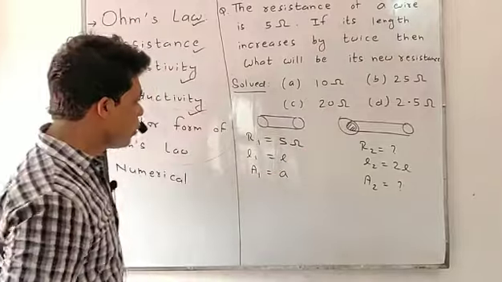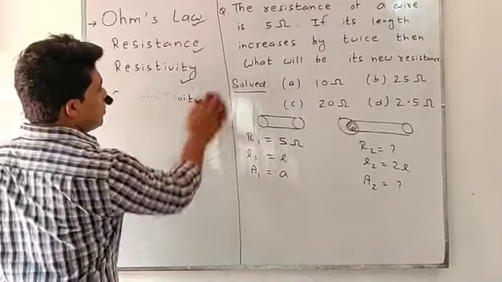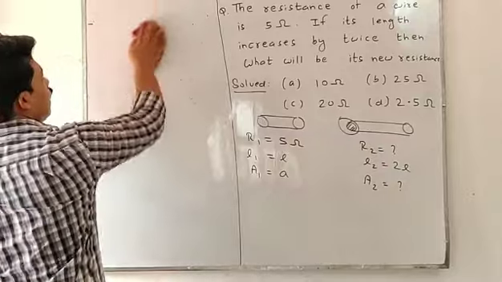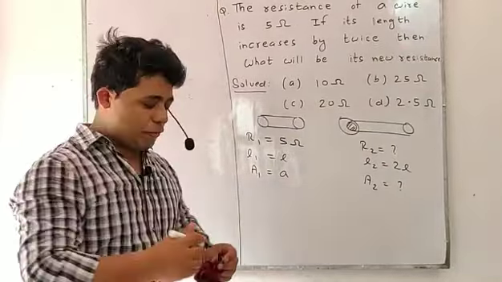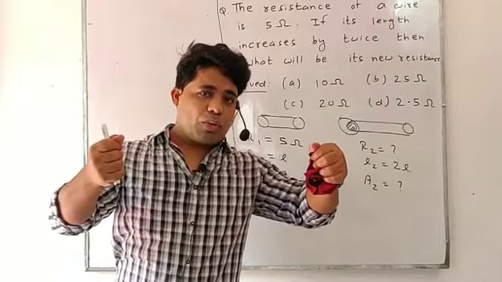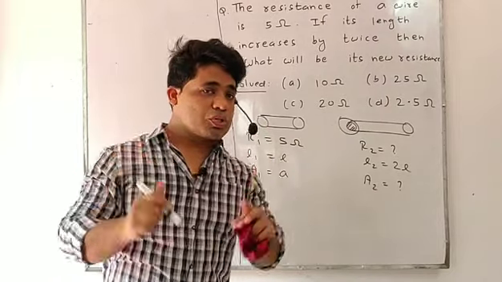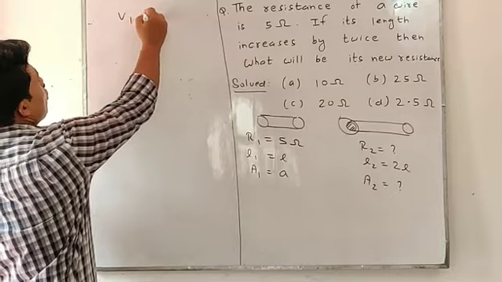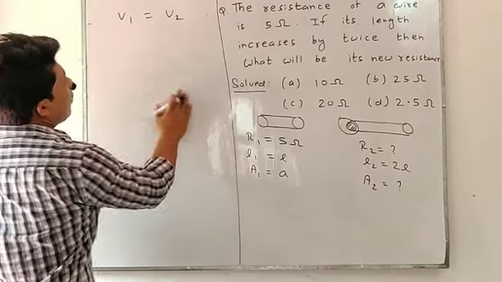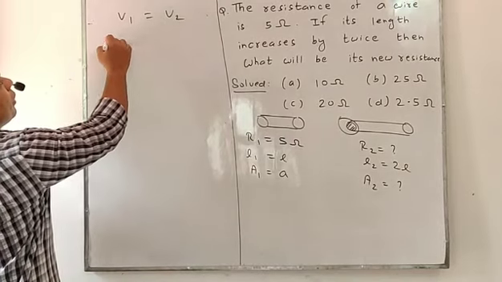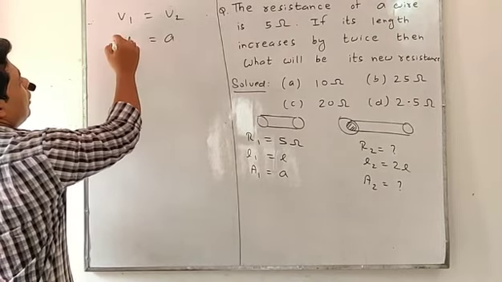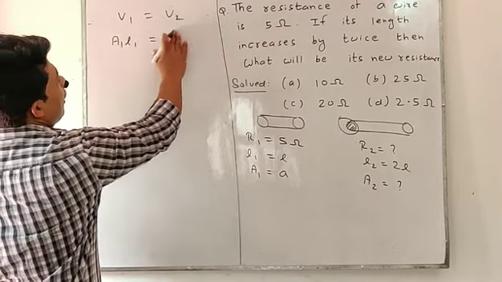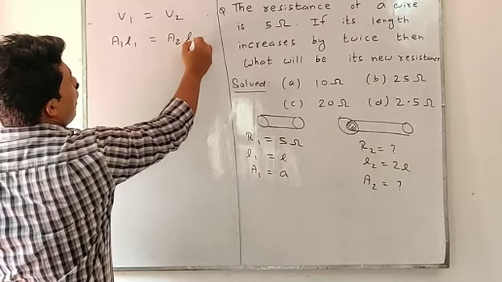So students, how can we solve this? Look, I'm going to solve this question and we'll find the correct option. When we stretch the wire twice, its volume does not change. So initial volume equals final volume. We know the volume is area of cross section into length, so A1 L1 equals A2 L2.